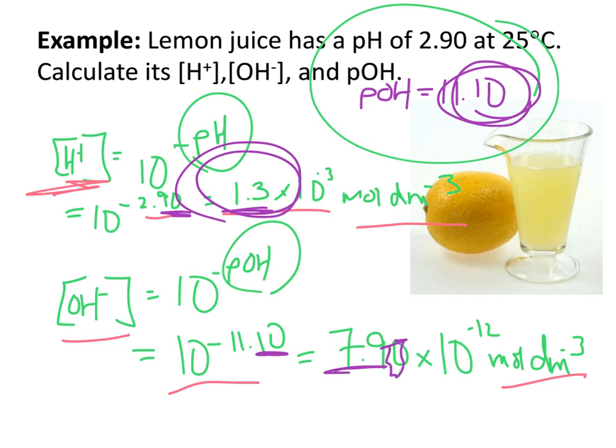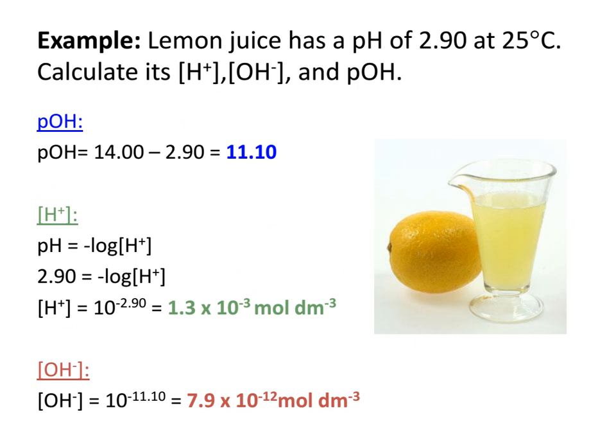So I don't know why I wrote this 0, but it should just be 7.9 times 10 to the negative 12th moles per decimeter cubed. And again, any combination of steps works perfectly, but this is just the fastest way. Look at the complement and do your antilog of the negative pH or pOH, and you'll get to your concentrations pretty quickly. So that'll do it for today.